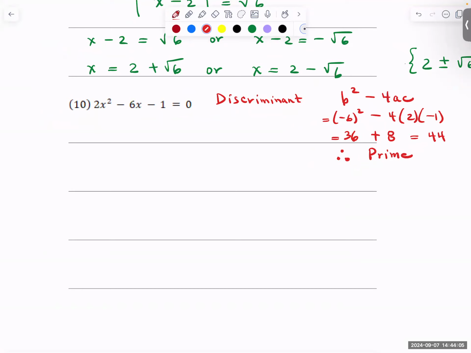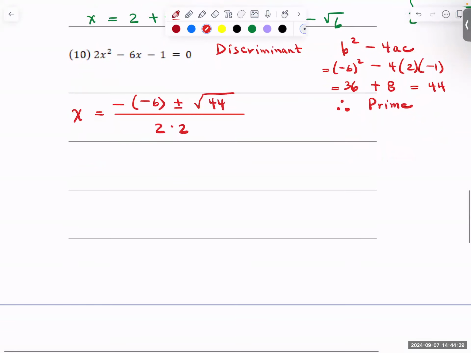The two solutions are x equals negative b, negative 6, plus or minus square root of the discriminant, which is 44, all divided by 2a, 2 times 2, which is 6 plus or minus square root of 44.